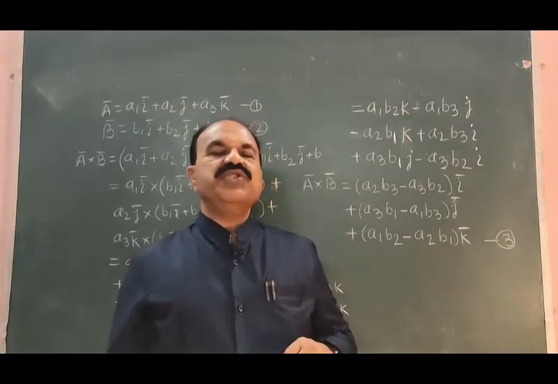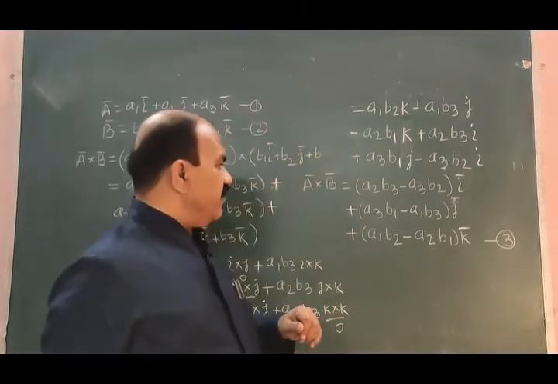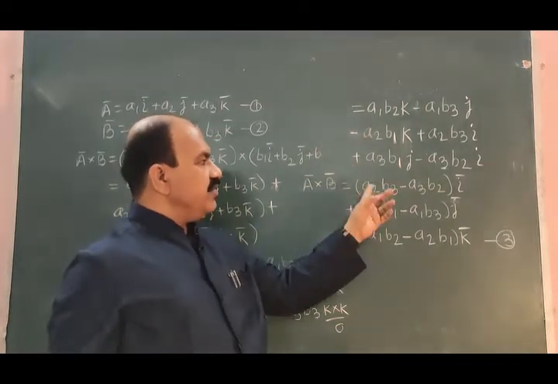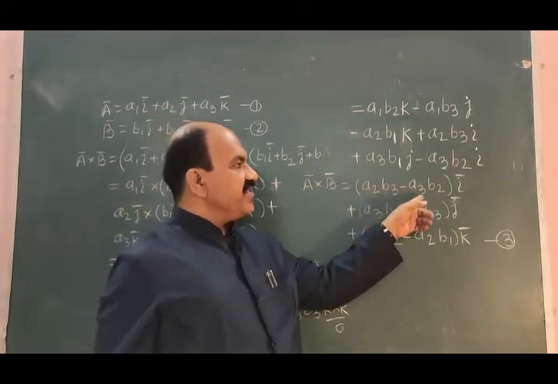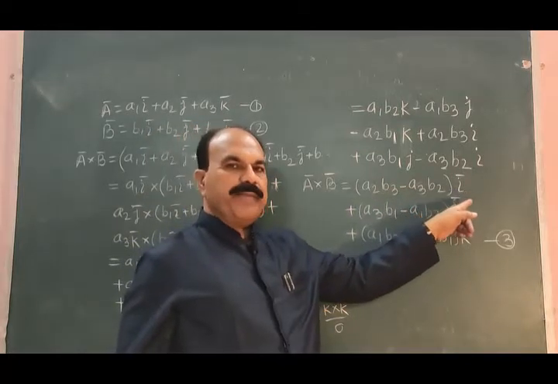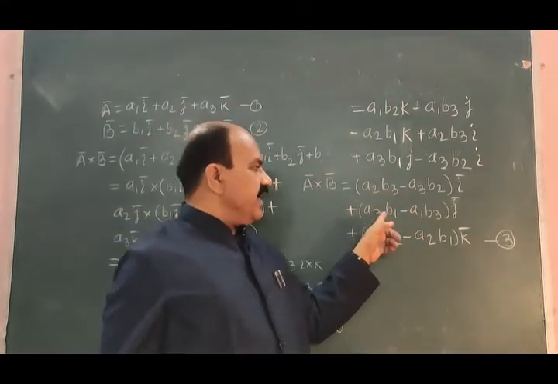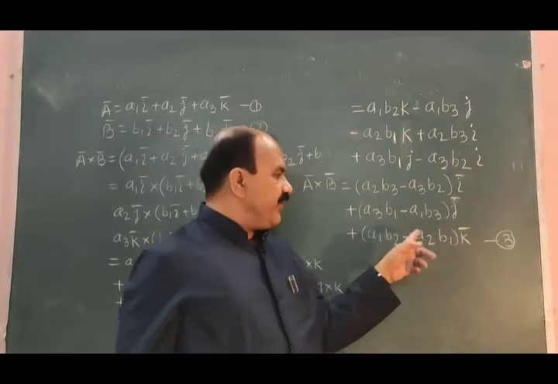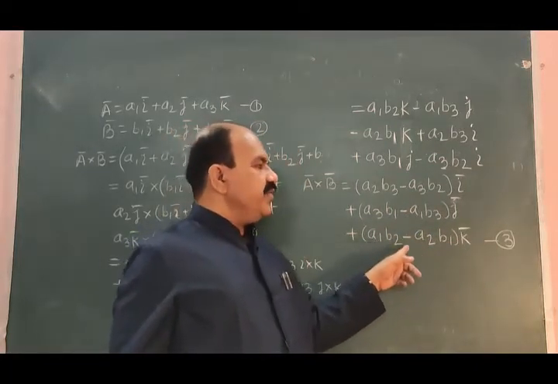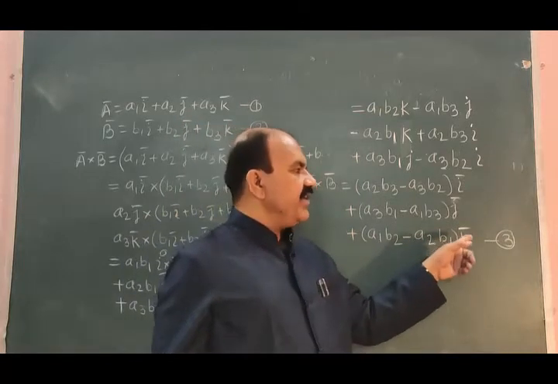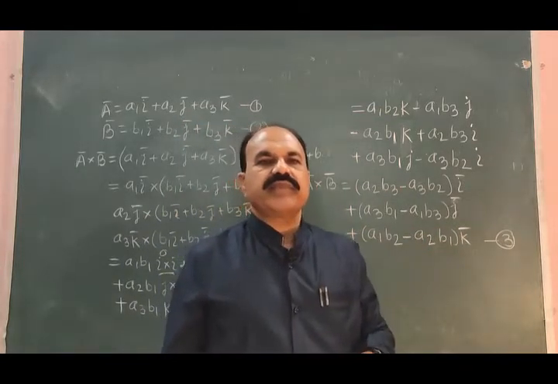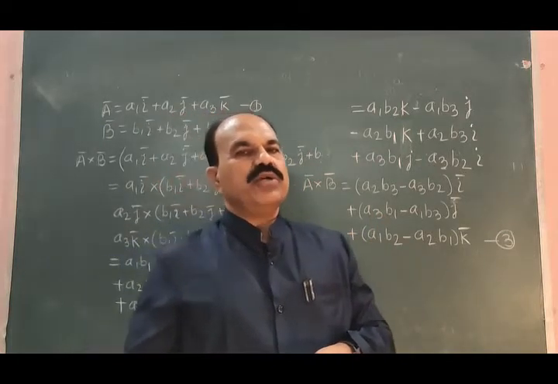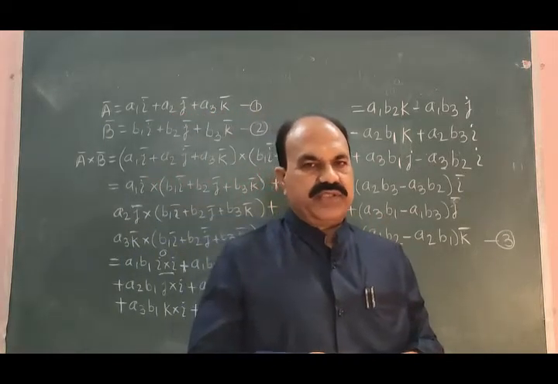With the help of these rules, finally we obtain this formula: A cross B is equal to (A2B3 minus A3B2) into I plus (A3B1 minus A1B3) J plus (A1B2 minus A2B1) K. This is one method to get product of two vectors.